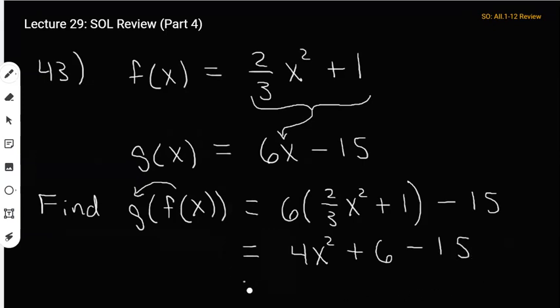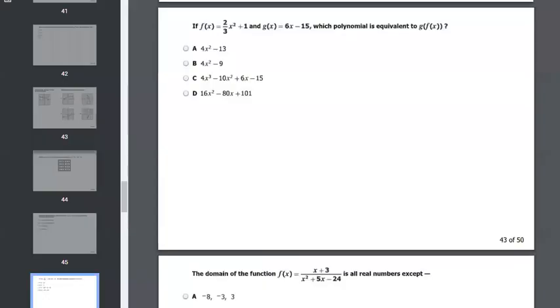So now the last thing that I need to do is combine my like terms, 6 and negative 15. 6 minus 15 is negative 9. So I'm going to get 4x squared minus 9. That's going to be my new function. Okay, so is there an answer choice that matches up? It's going to be B, 4x squared minus 9.